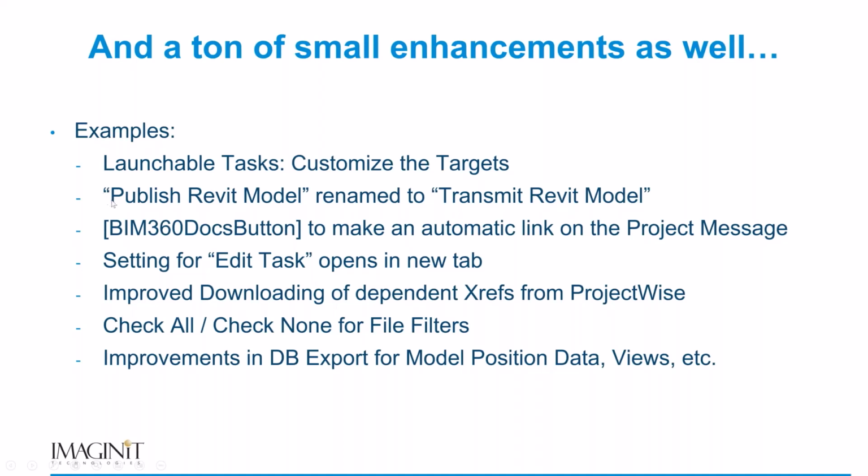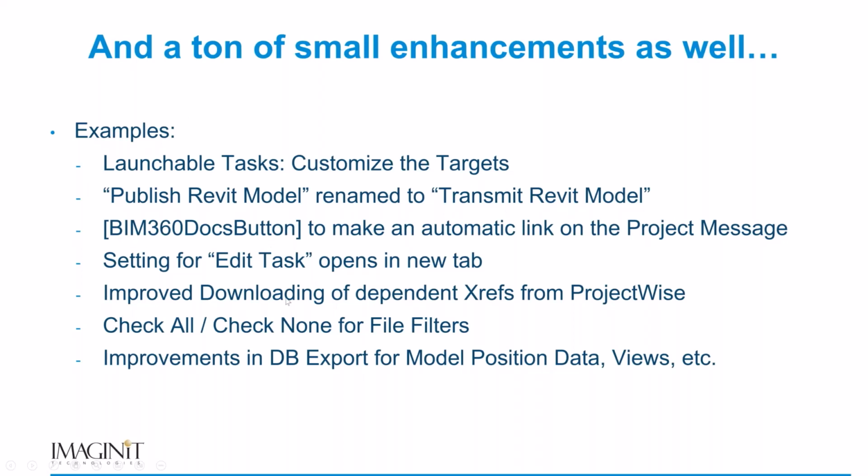But over time, and especially with BIM 360, publish has come to mean a different thing. And so the amount of confusion kept on growing, and so we finally bowed to pressure and we've renamed it to transmit Revit model. It should be otherwise transparent to you in terms of a change.